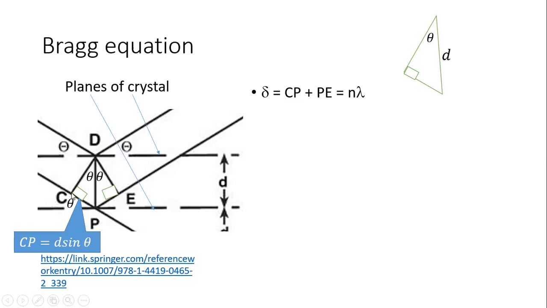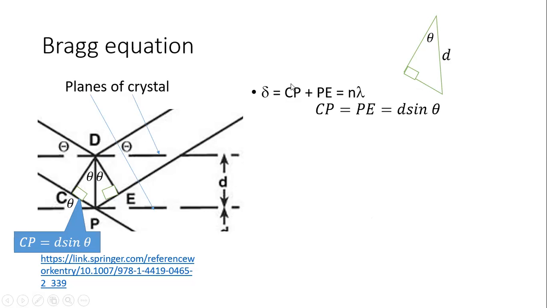So that is a triangle, right? Which is the same as here. I just take it up here. There's your d. There's your angle theta. This is your angle theta also. That's 90, so that one plus that one is 90. So that's why this one equals that angle theta. So that CP, that's your d, is d sine theta from this angle.